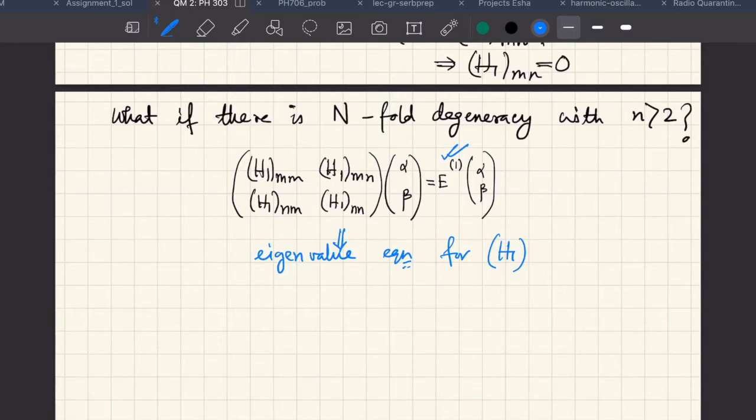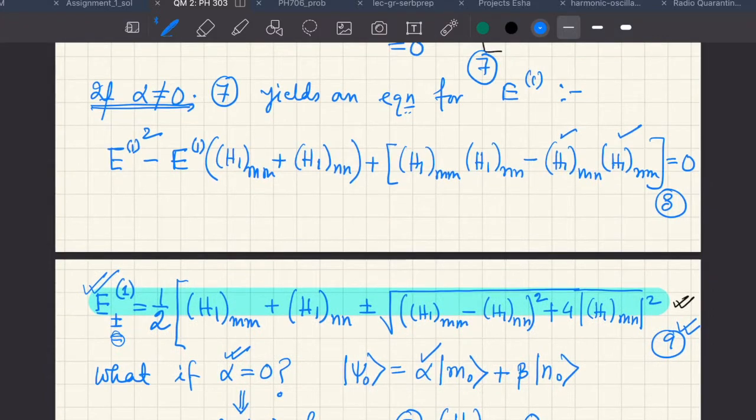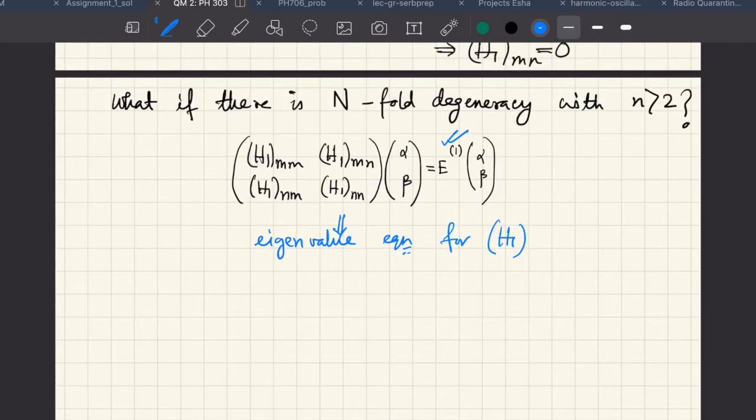And then the equation that I have written here, equation number 8, is the characteristic equation for this matrix, and good linear combinations of the unperturbed states are the eigenvectors of H1. So to generalize, in the case of capital N-fold degeneracy, we look for the eigenvalues of the n cross n matrix.